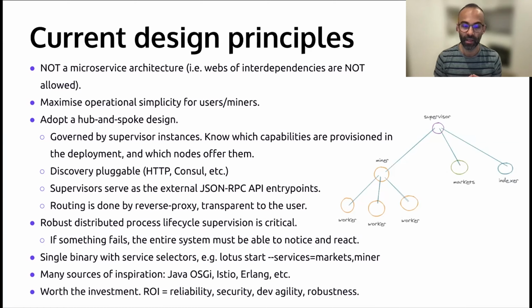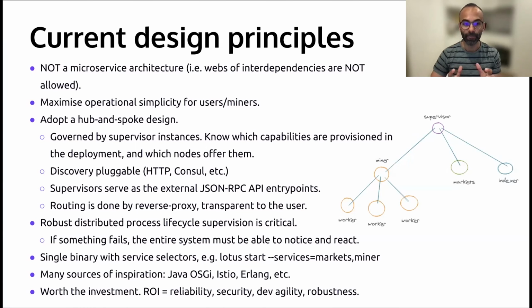potential right approach here could be to have supervisor instances which know which capabilities are provisioned in the deployment. So if you have a miner that is doing sealing and is running a farm of retrieval nodes, a farm of storage nodes, and indexing nodes and a bunch of other things that might come down the pike, the supervisor instances would know which capabilities are provisioned by which nodes in the network, right?